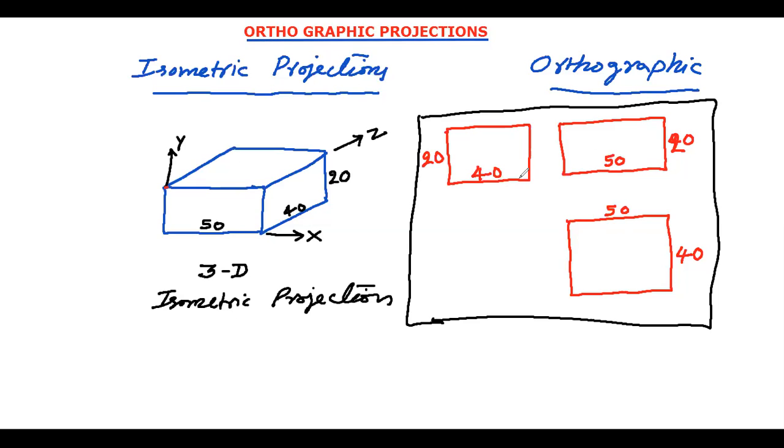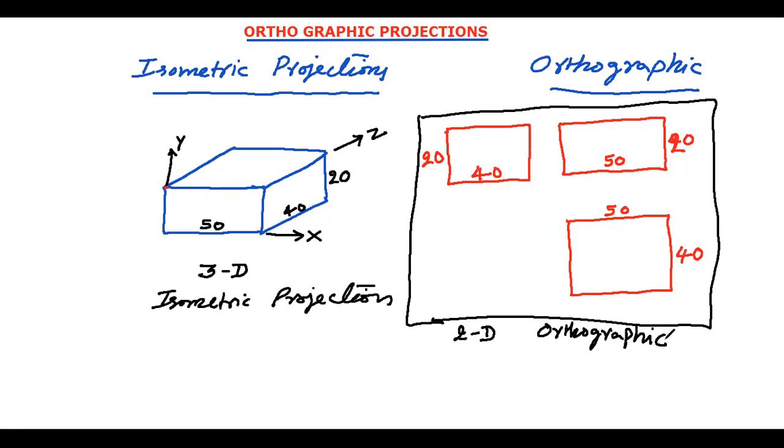But these two-dimensional entities consist of all the dimensions. So this two-dimensional representation of an object is called orthographic projection.